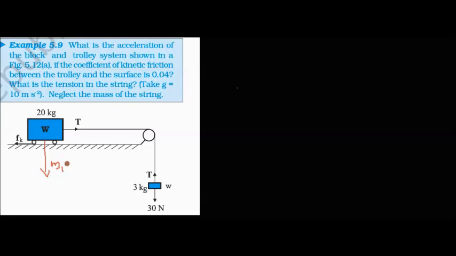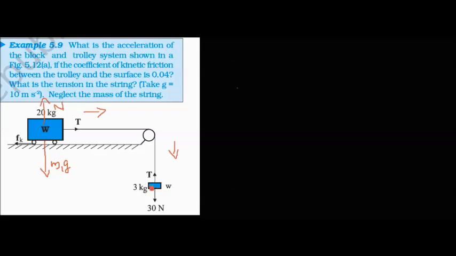I am calling this object M1, mass M1, and the next is the normal reaction, which is acting along the upward direction, and the next is the frictional force given in the question, and this is the tension. Since the frictional force is acting along this direction, the system will be moving along this direction. These are the four forces acting on the block M1.